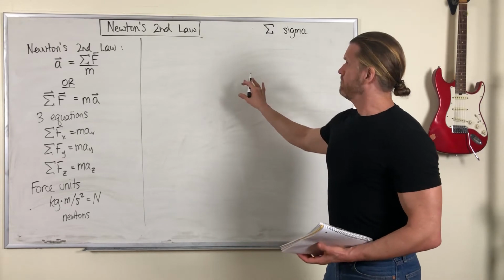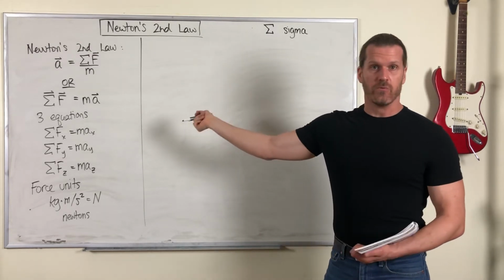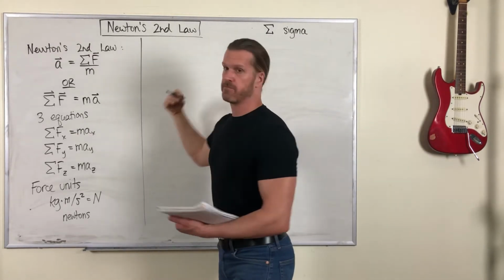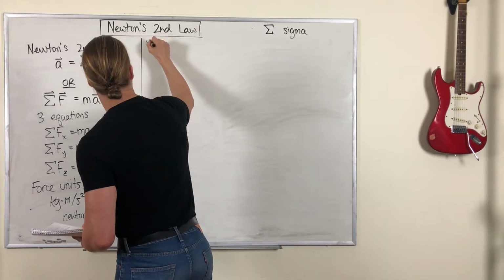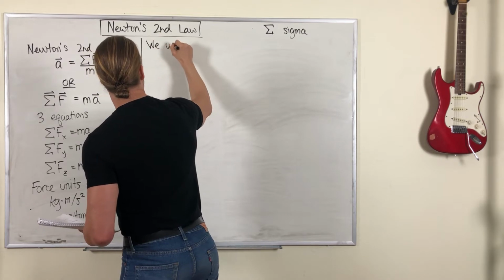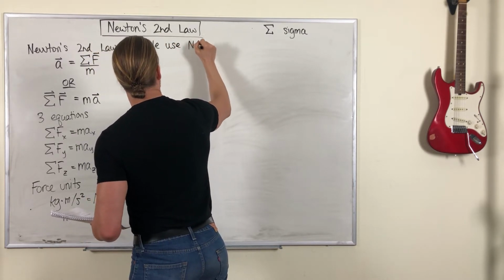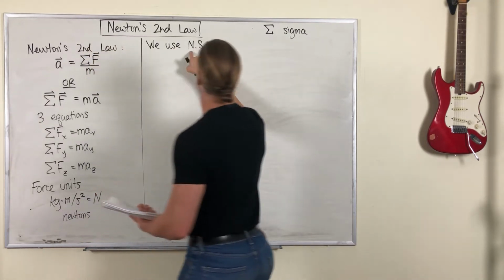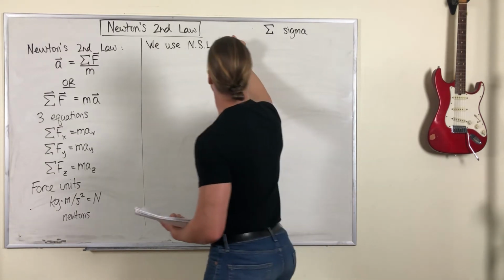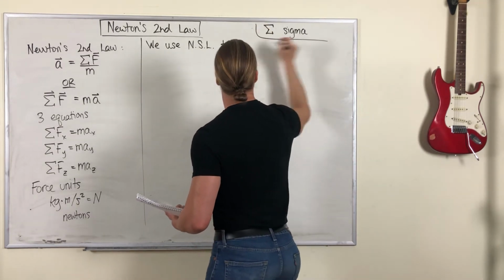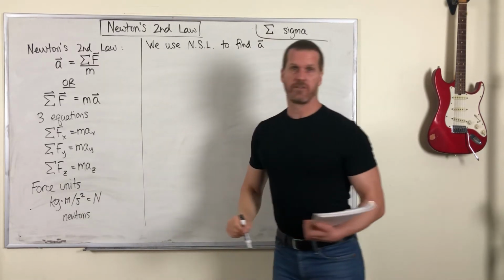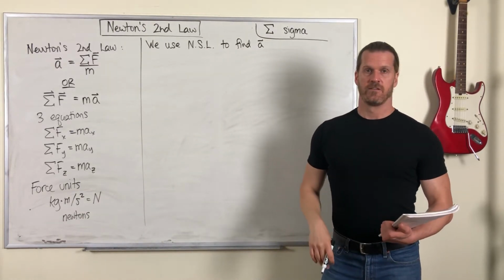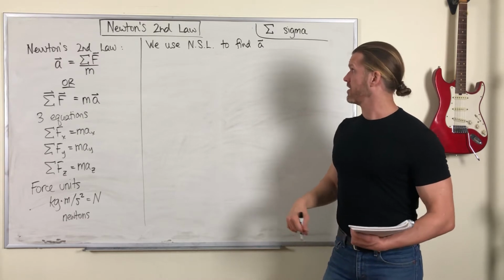And what we generally do when we use Newton's second law is we kind of use it in conjunction with kinematics. So we often use Newton's second law to find the acceleration for a certain scenario.